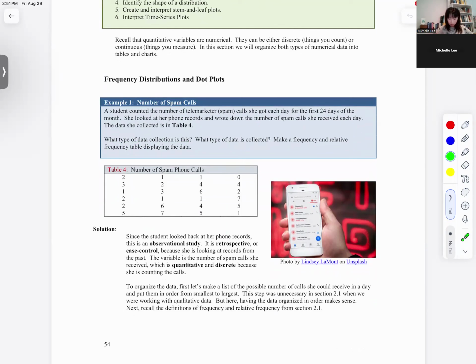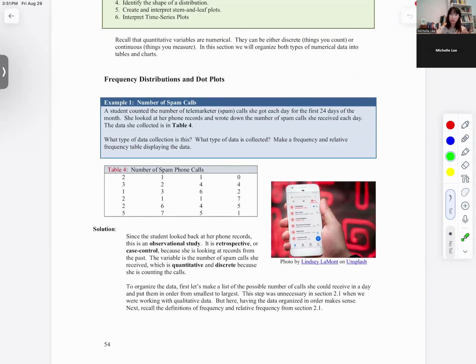Let's take a look at the solution. This is an observational study because she is looking at the record from the past. So this is retrospective, or we can call it case control.